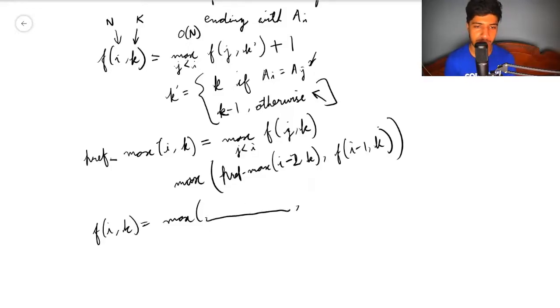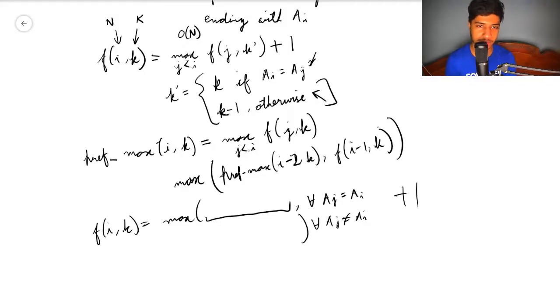Here we have the case for every aj equal to ai, and second, for all aj not equal to ai. If they're not equal, then we only have to take the maximum of all of them plus 1, right? So that is given by pref max.